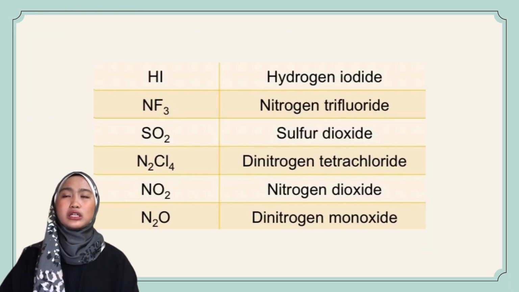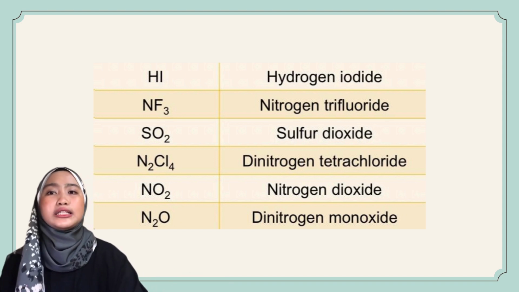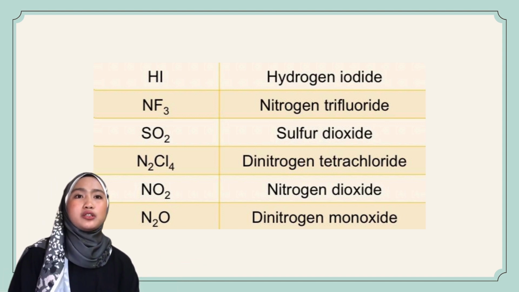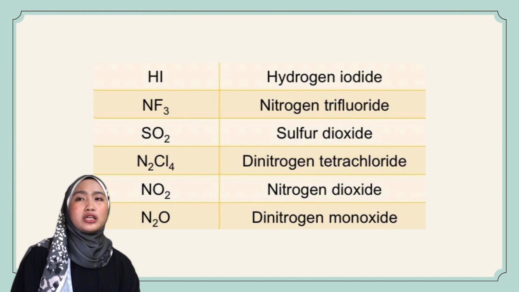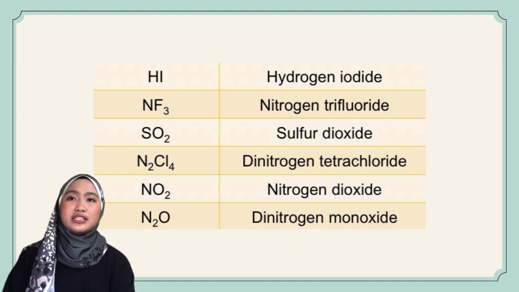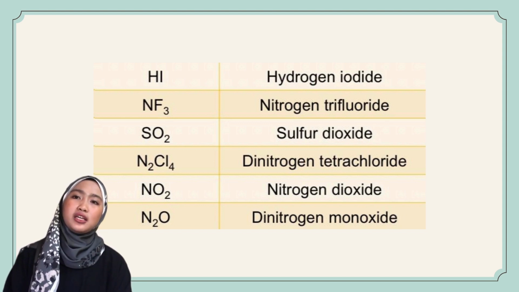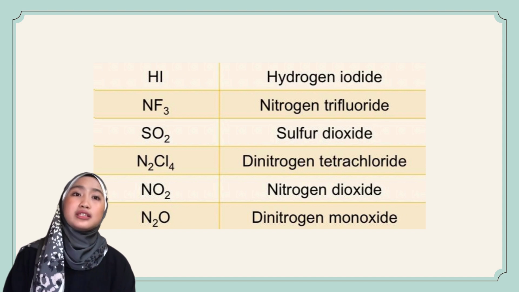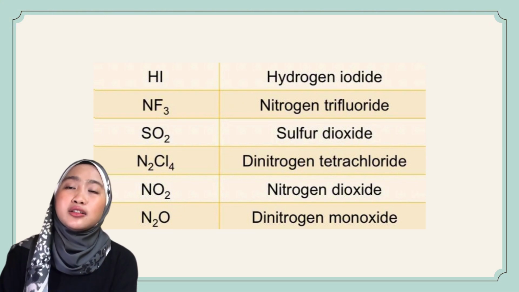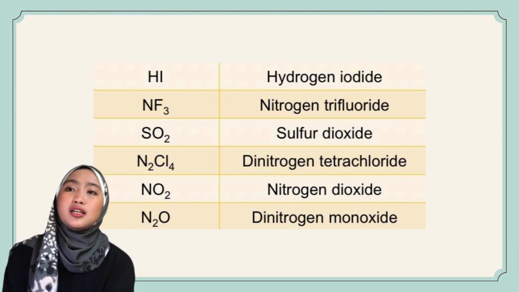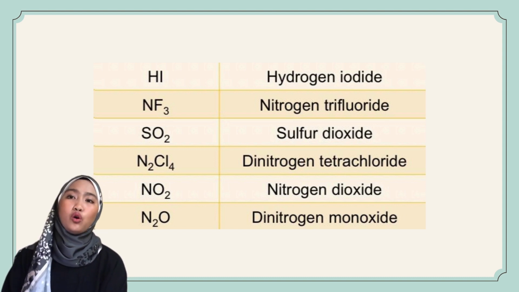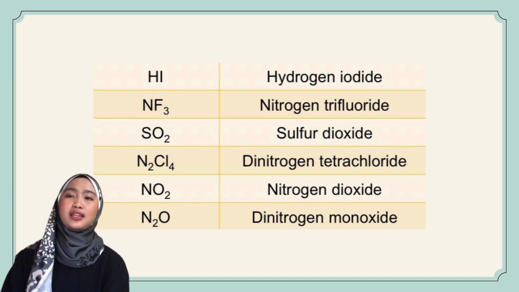I give you the examples here. HI is hydrogen iodide and NF3 is nitrogen trifluoride. SO2 is sulfur dioxide, N2Cl4 is dinitrogen tetrachloride, NO2 is nitrogen dioxide and N2O is dinitrogen monoxide.